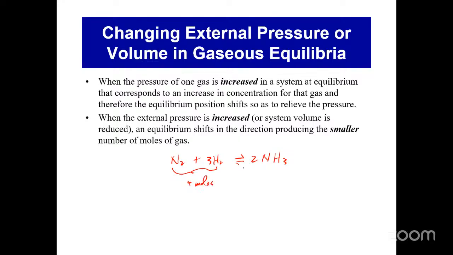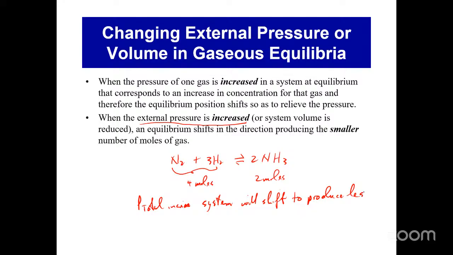And you look at the total number of moles of ammonia on the product side, and that would be 2 moles. So if you increase the total pressure, so if P total increases, the system will shift to produce fewer molecules.